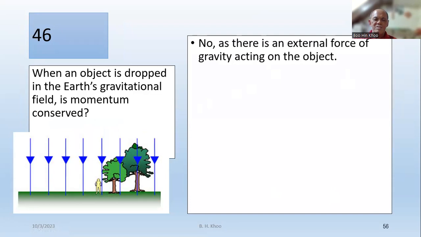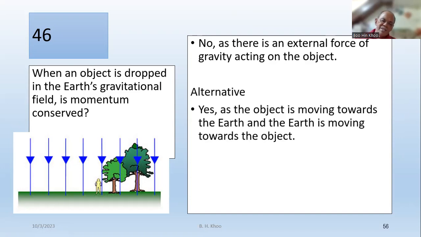The speed is increasing, so it means there's an external force acting on it. So momentum is not conserved. Alternatively, you can think of it as a closed system, the object and the Earth together. Yes, as the object is moving towards the Earth, the Earth is also moving towards the object. So momentum is conserved.